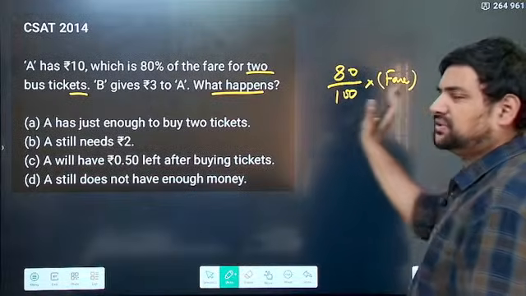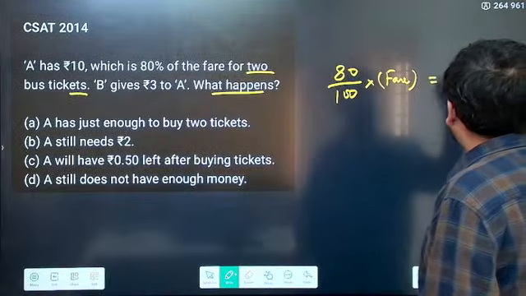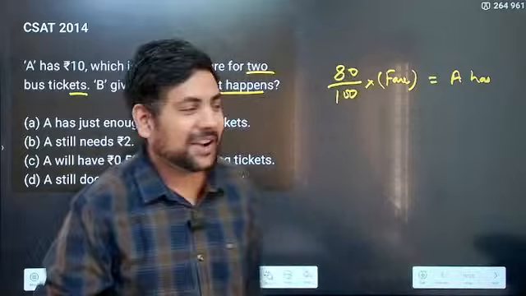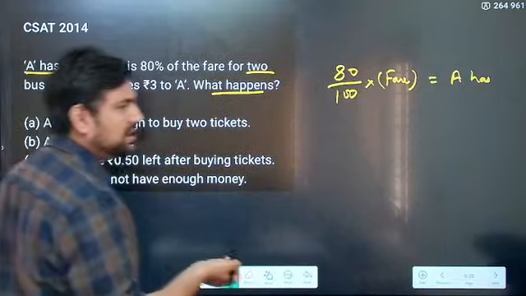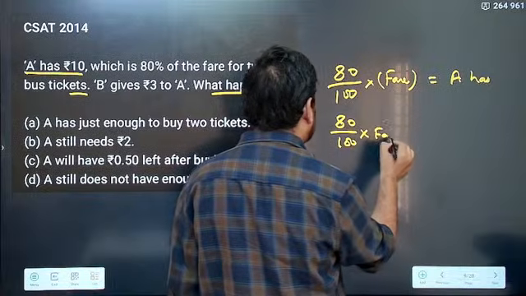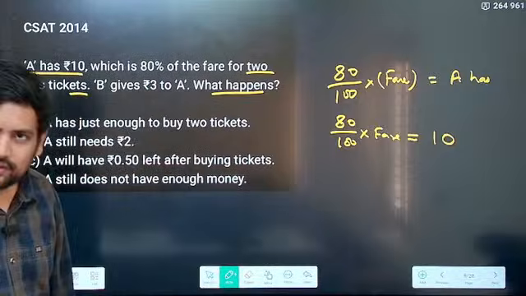Whatever is the fare for both of them combined, 80% of this is what A has. Now, how much does A have? A has 10 rupees. So this becomes 80 by 100 into whatever fare is there. A has 10 rupees. Let's find out the fare.